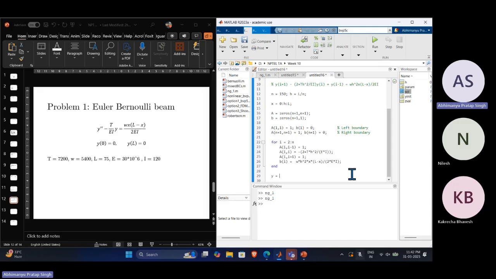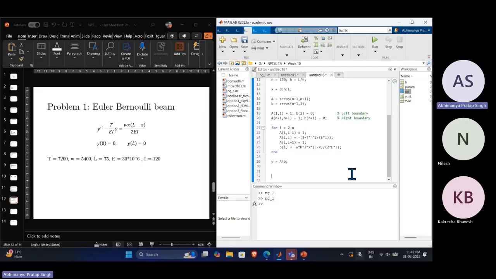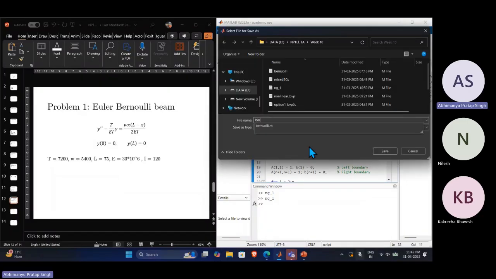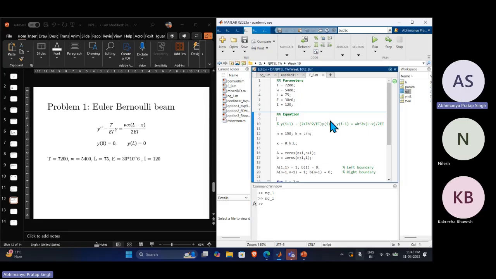So our y values would come A backslash B. So we will plot x comma y. Yeah, this should be correct. Okay, Euler Bernoulli beam.